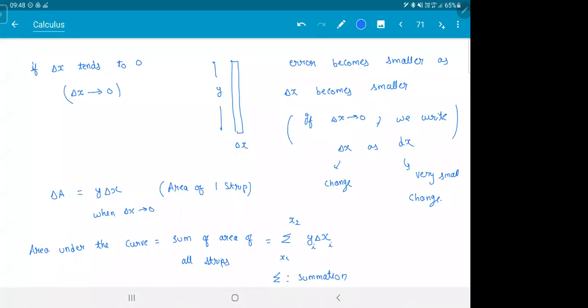Since here the delta x becomes very small, we use a symbol called integral, which we write as integral of y dx from x1 to x2. This symbol is also summation. Sigma and the snake symbol, it's called integral. The meaning is the same. Both are adding things only, but sigma adds big things, integral adds small things. I'll give you more details on the next page.